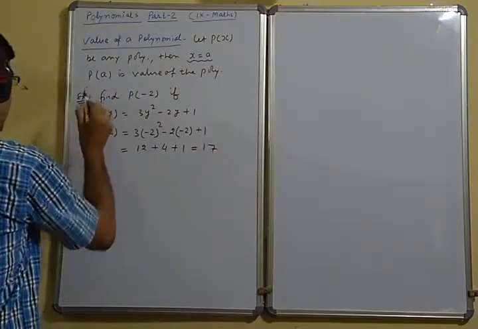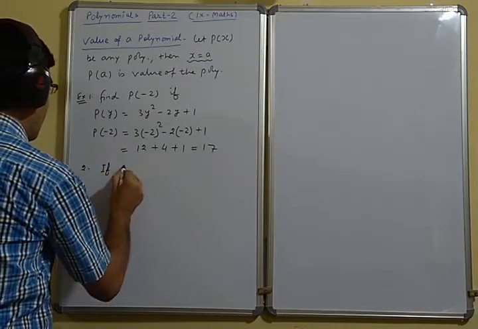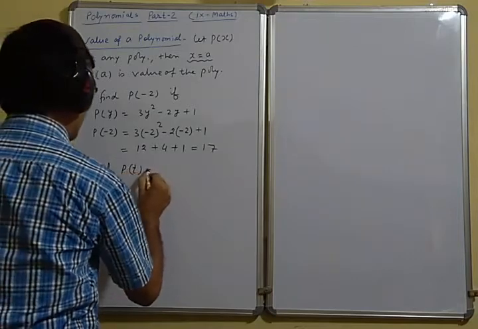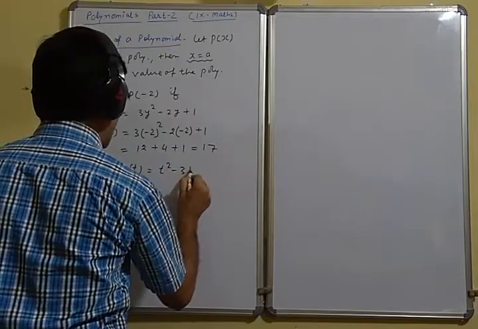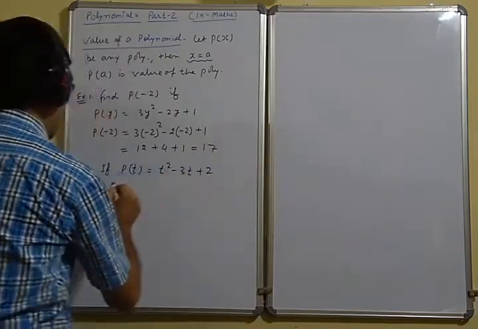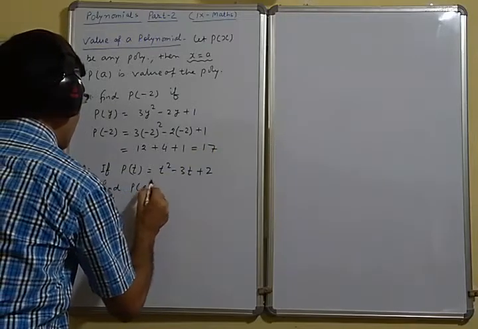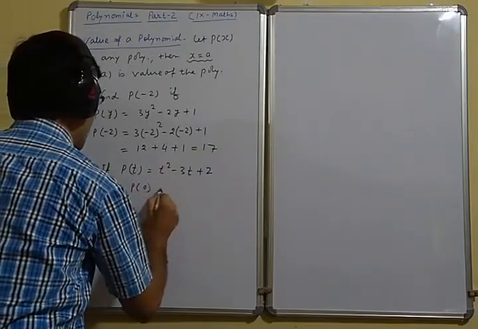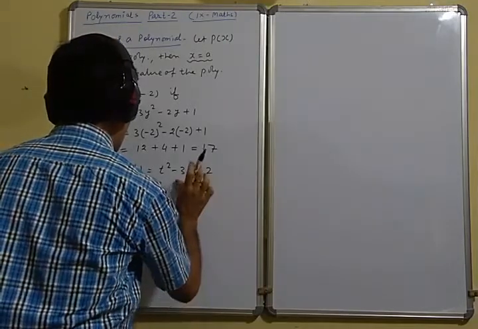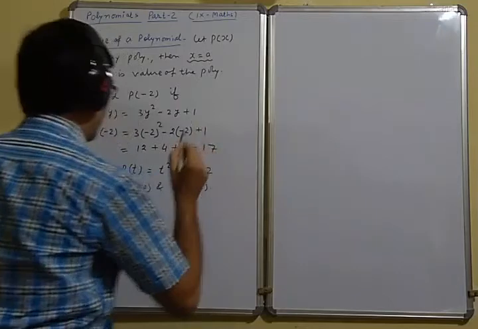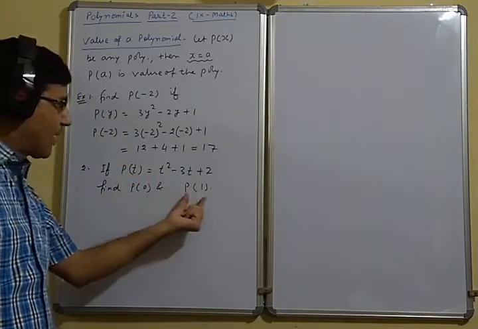One more example. If P(t) is equal to t squared minus 3t plus 2, find P(0) and P(1). So P(t) is given, we have to find P(0) and P(1).